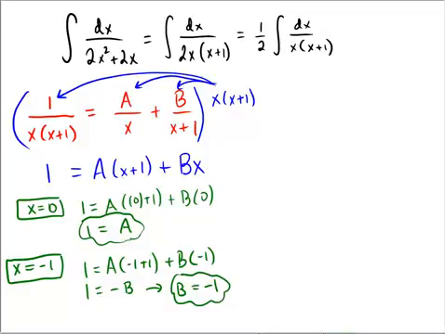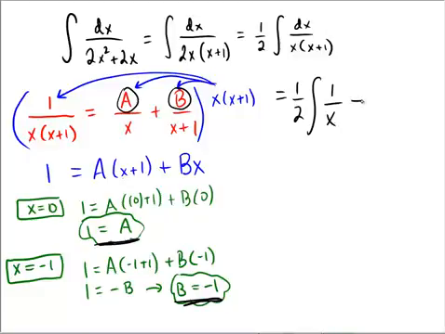Okay, so what that allows us to do now is take that original integral that we were working with, 1/2 integral, and inside we are now going to be able to split, since we know that a is 1 and b is negative 1. In order to rewrite the integrand, we're now going to have 1 over x plus a negative 1, so I'll just put minus 1 over x plus 1 dx.